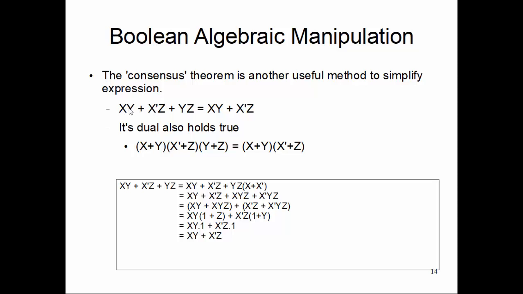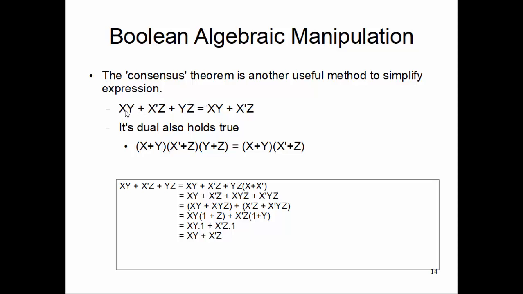So y is ANDed with the uncomplemented form of the variable x, and z is ANDed with the complemented form of that variable x, and there is an OR, so xy or x bar z. If you observe this kind of formation in an expression, and that same whole expression is also ORed with yz, meaning these two variables, then we can just eliminate this yz from the expression.